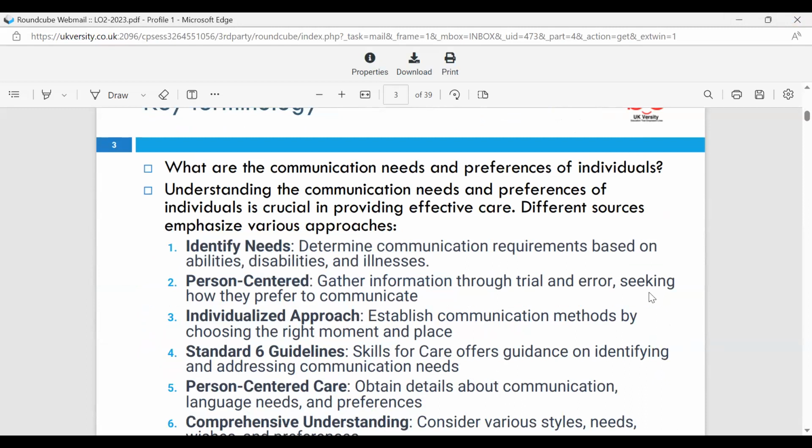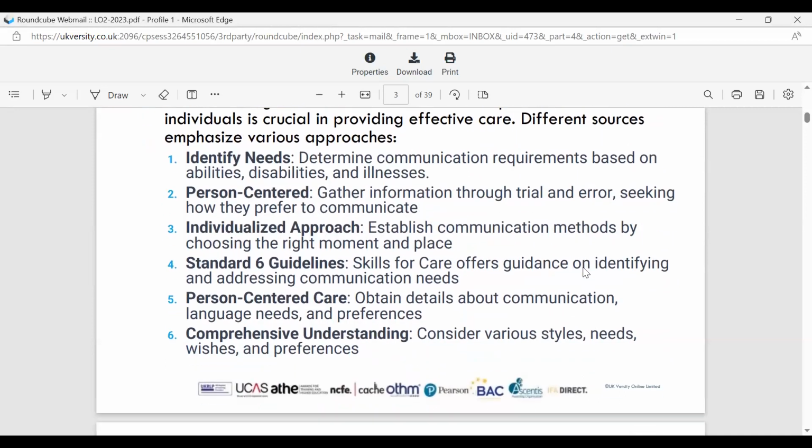Different sources emphasize various approaches. So with the different sources, firstly, identify the needs: determine communication requirements based on abilities, disabilities and illnesses. Why is it so important to identify the person's needs?